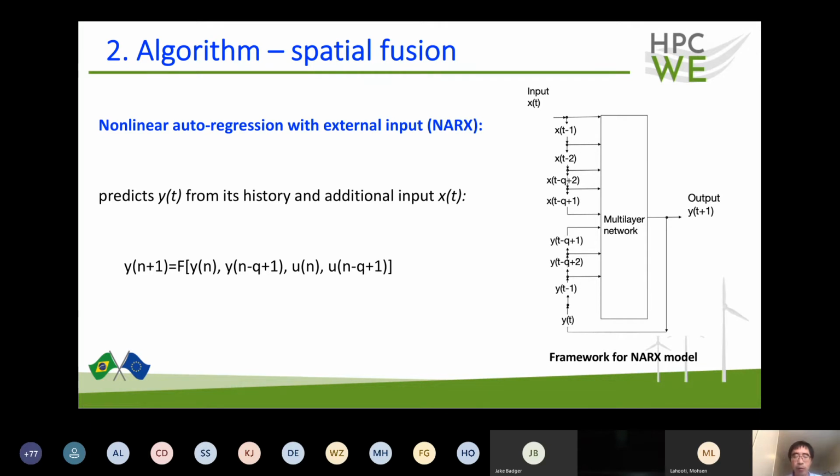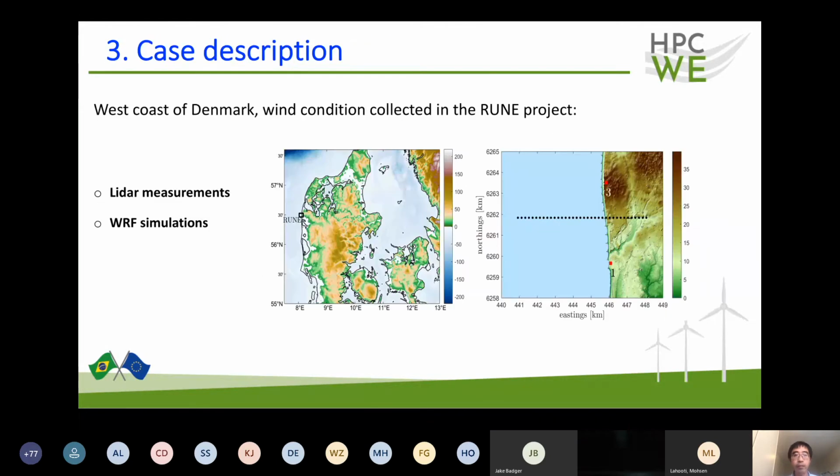So basically here we have two steps to reach this data fusion. One is temporal fusion, one is spatial fusion. The temporal fusion is to complete your LiDAR measurement. If you only have a few months of LiDAR, we want to expand it to one year or several years. And then it's the spatial fusion. We want to project the wind from onshore to offshore.